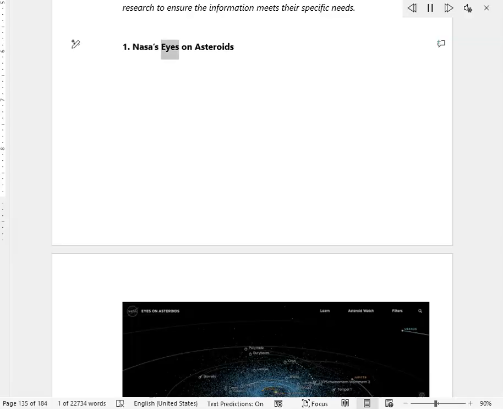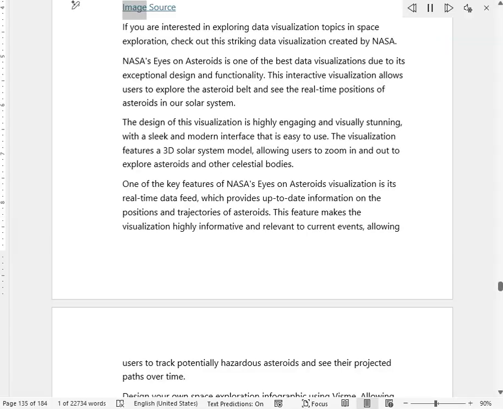1. NASA's Eyes on Asteroids. If you're interested in exploring data visualization topics in space exploration, check out this striking data visualization created by NASA. NASA's Eyes on Asteroids is one of the best data visualizations due to its exceptional design and functionality.